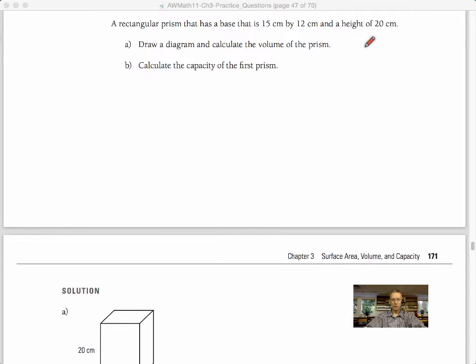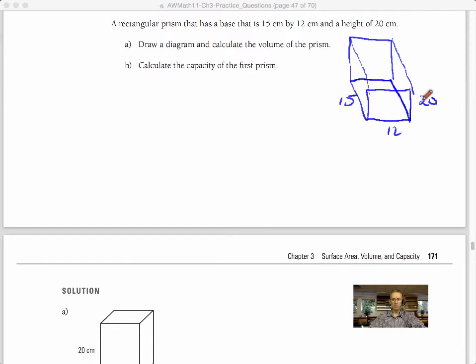Its base is 15 by 12, and then it's got a height of 20. Well, this is not going to be to scale at all, so bear with me. This is 20, this is 12 and this is 15. So here is our height right here.